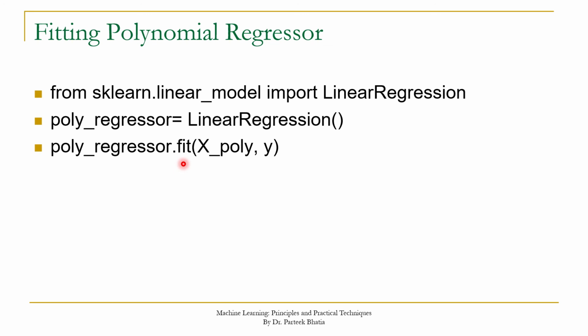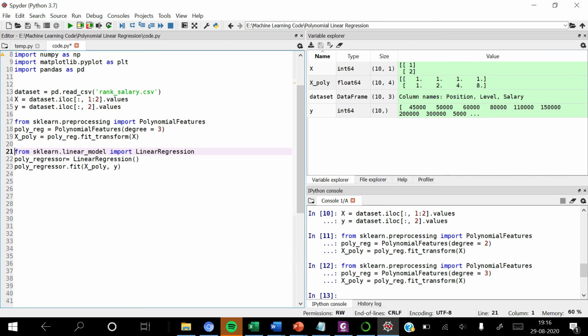Let us move to Spyder to build the model on these values. Now in order to build the polynomial linear regression model over this dataset, we have to import the LinearRegression class from the linear_model sublibrary of sklearn. Then we are creating its object with the name poly_regressor, and by invoking the poly_regressor.fit method, we are building the model.